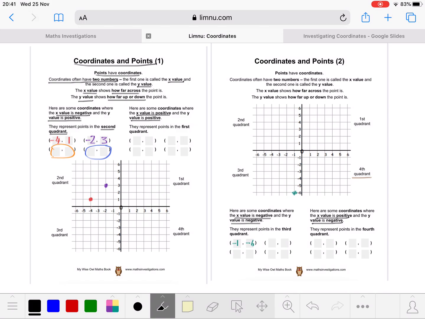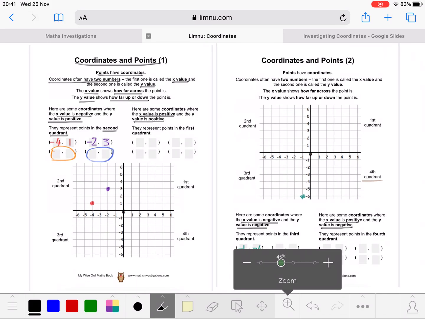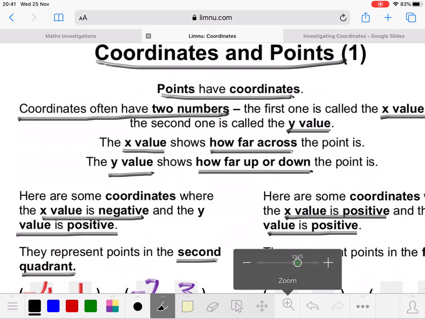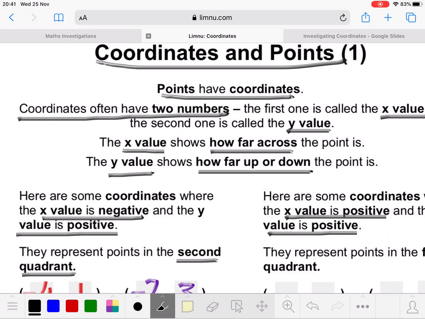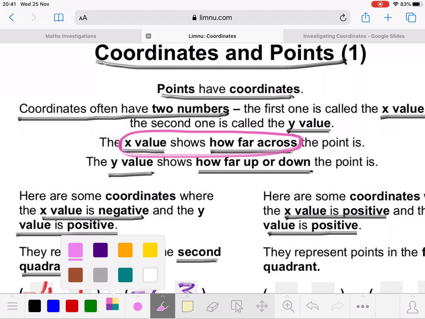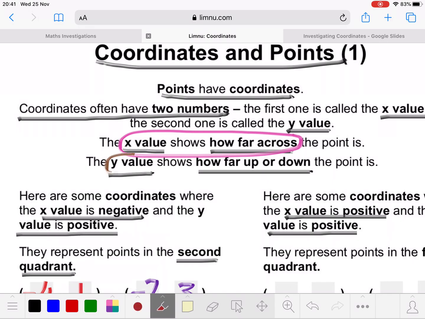And the most common mistake is getting the coordinates the wrong way round. So just remember again that the x value, which is the first number, shows how far across the point is, that's left or right, and the y value shows how far up or down the point is.